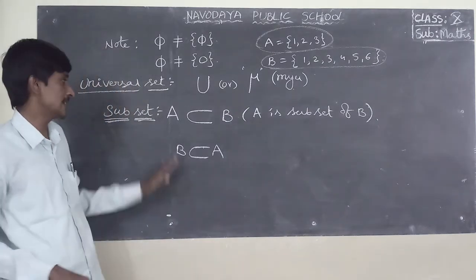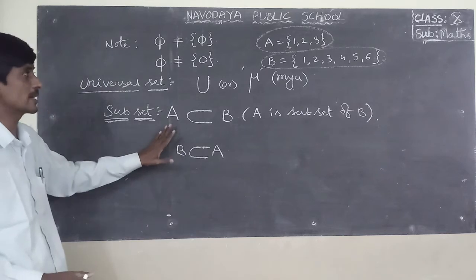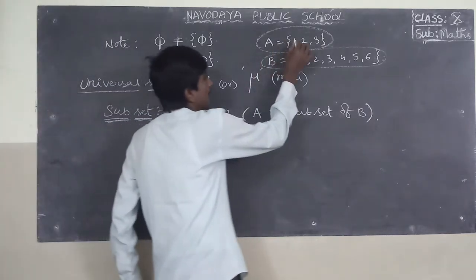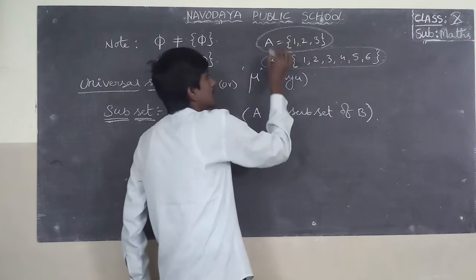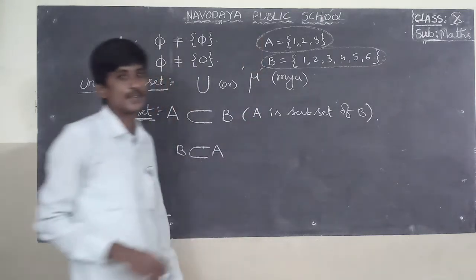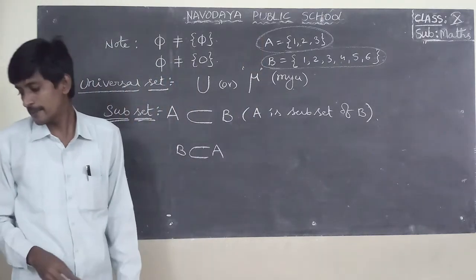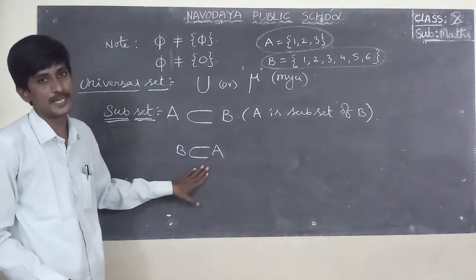This is the concept of subset, which is very important. If every element of A is an element of B, then A is a subset of B. This is the symbol for subset.